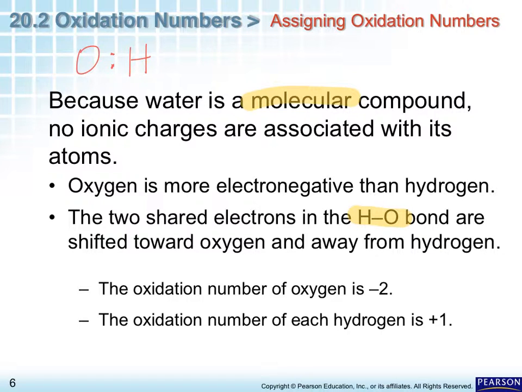In that bond, the electrons get shifted toward the oxygen because oxygen is more electronegative. So we would assign oxygen its oxidation number of -2, and hydrogen is a +1. So oxygen gets more than its share of the electrons in this bonding situation. So it's like assigning charge, even though it's really a molecular compound and the electrons are shared.